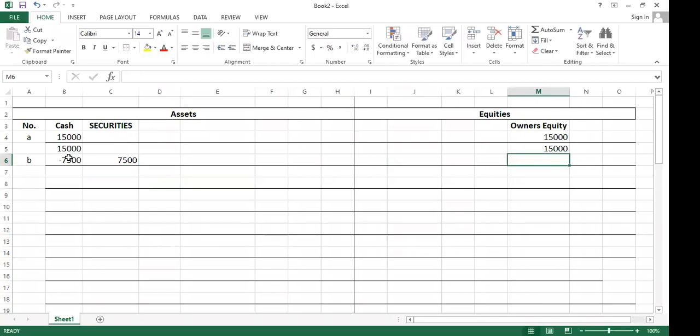Owner's equity not change, but add 7,500 and reduce 7,500. Cash reduce and add securities 7,500. Ultimately not change. After the B, balance is cash 7,500 and security is 7,500 newly added and owner's equity is 15,000.